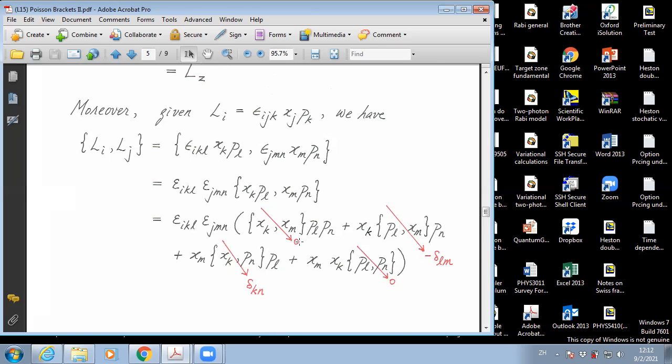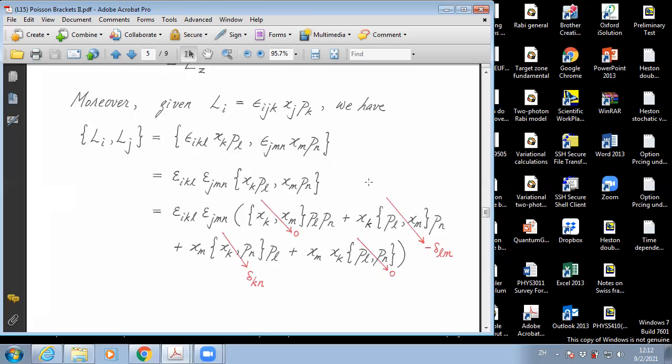The first one obviously vanishes. The second one gives you minus delta lm, because if l is not equal to m, then they have a zero Poisson bracket, right? The third term gives you delta kn. Finally, the fourth term gives you 0.